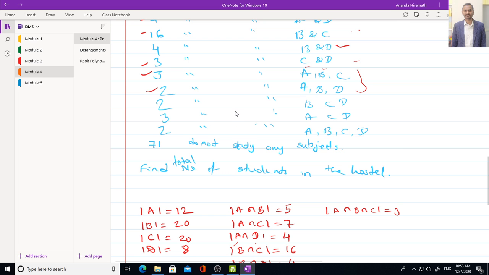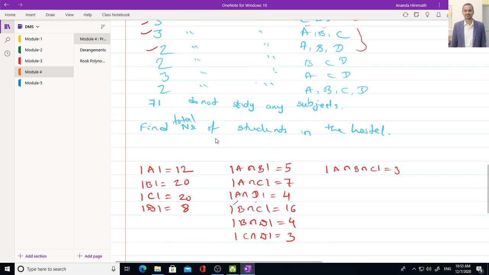Next 2 is for A, B, D. Then B, C, D is 2.